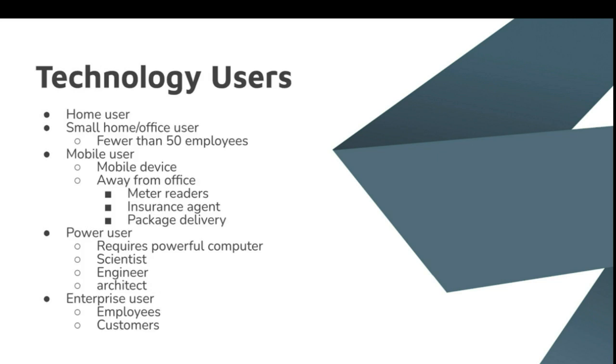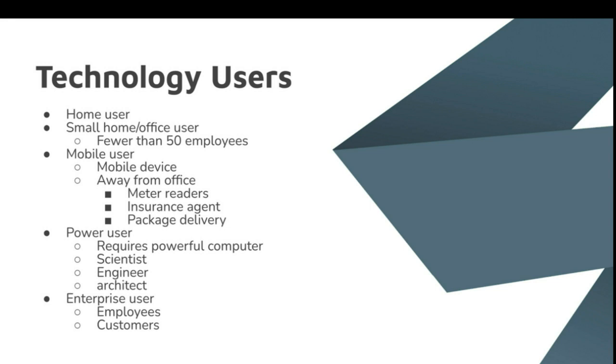I am going to describe technology users, often called end users. They break it up into different categories of users. Be aware that this is arbitrary, so in different environments, end users could be called different things.